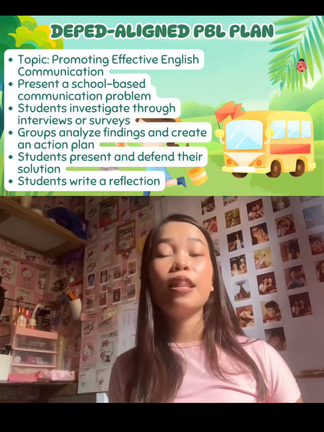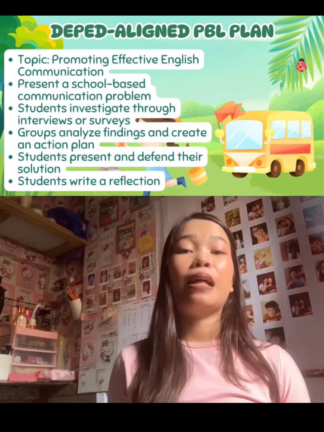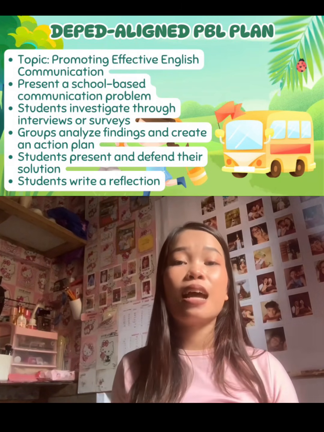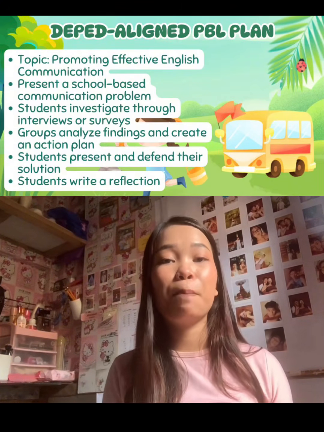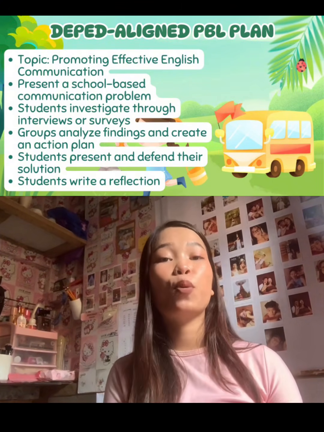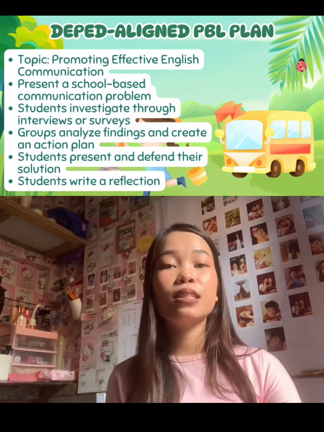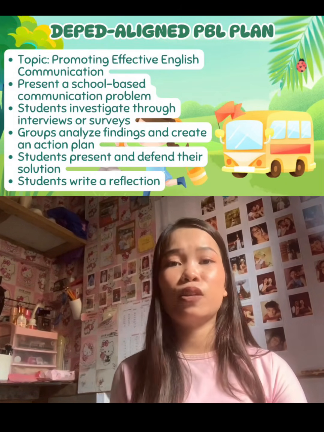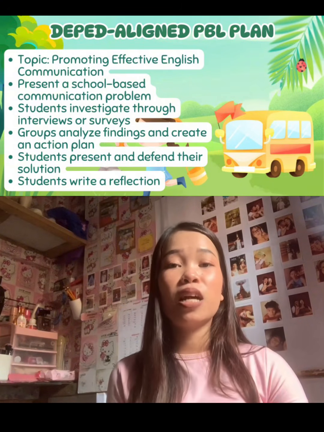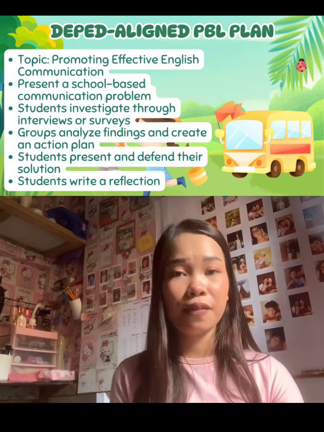So, the next slide is a DepEd-aligned PBL plan. This is an example of a DepEd-aligned PBL plan focusing on promoting effective English communication. The teacher begins by presenting a school-based communication problem. Students then investigate the problem through interviews or surveys.